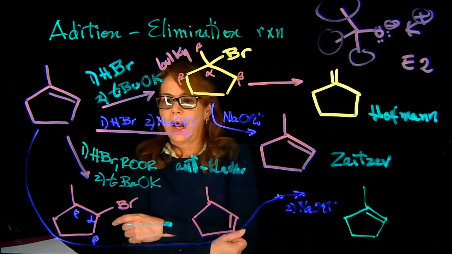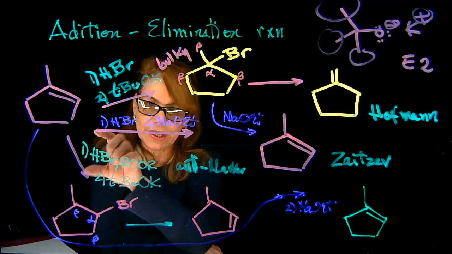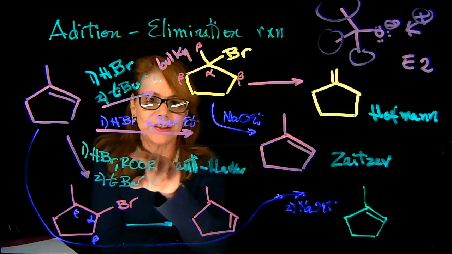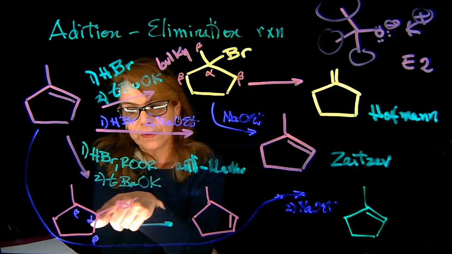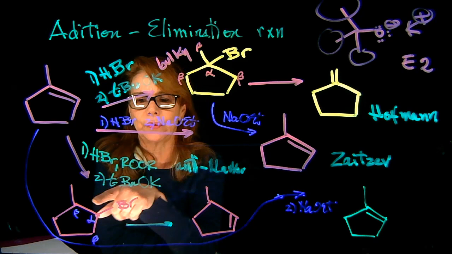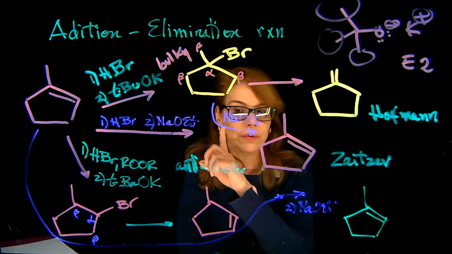In the other reaction, what we did is change it, and we used peroxide in the hydrohalogenation. That changed the orientation of the addition here. So we had the bromine at the least substituted carbon. And from this halide, we used a couple of bases.